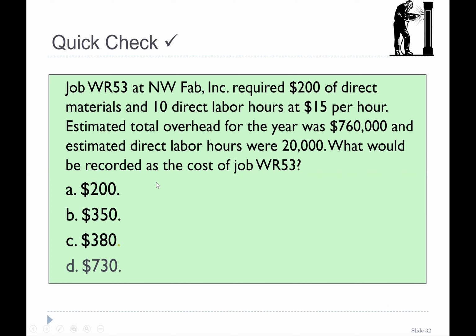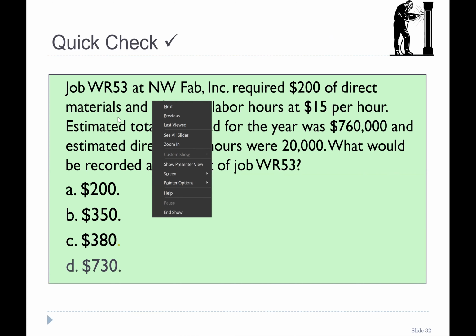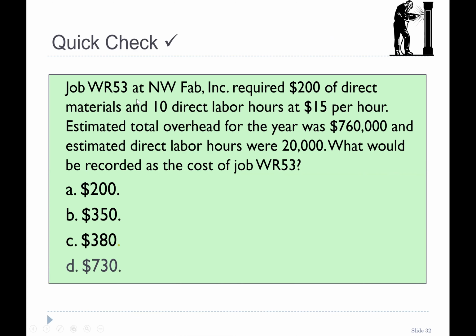Okay, so if you understand, please answer this question. We have a job WR53 at NW Fab Incorporation, which requires 200 direct material, 10 direct labor hours at 15 per hour.